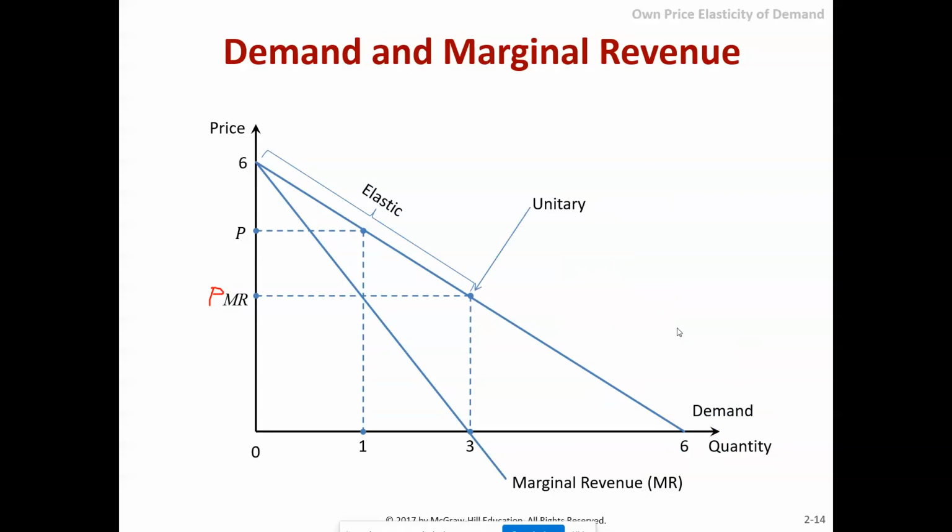And whenever it's elastic, marginal revenue is above the horizontal axis, positive, whereas at unit elasticity marginal revenue is equal to 0 and crosses the horizontal axis, whereas when inelastic, marginal revenue is negative.